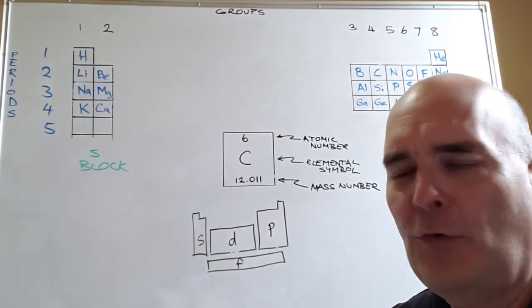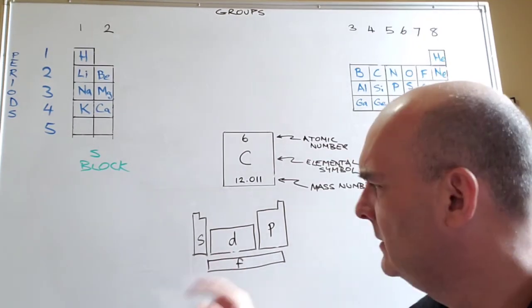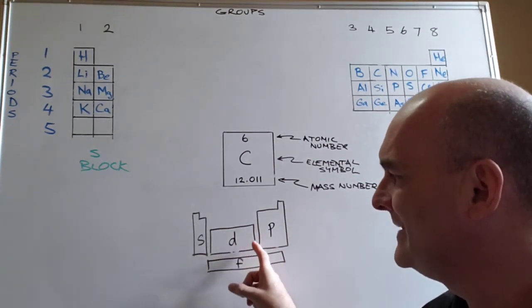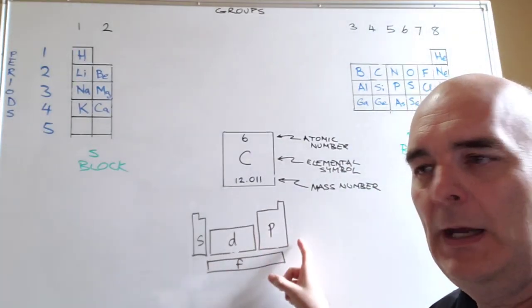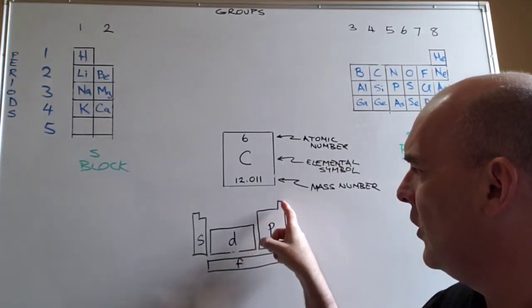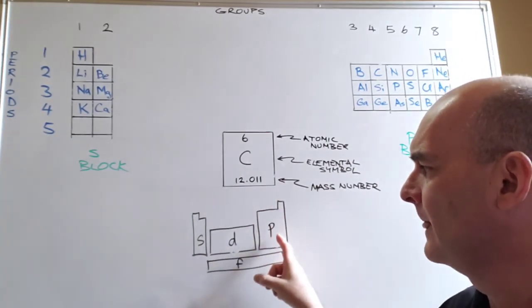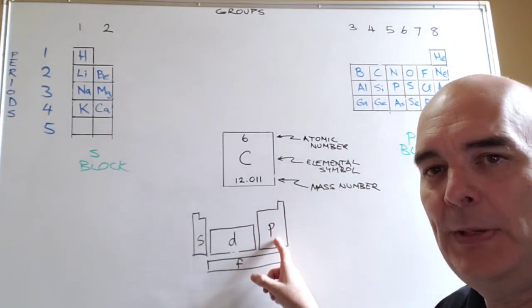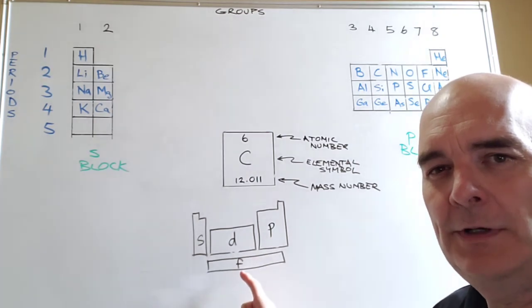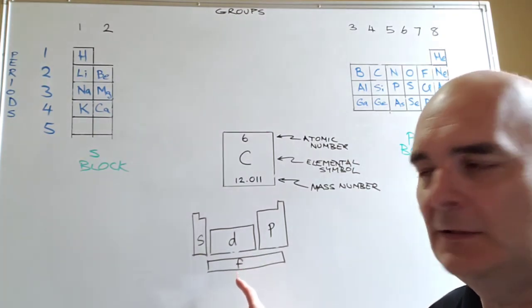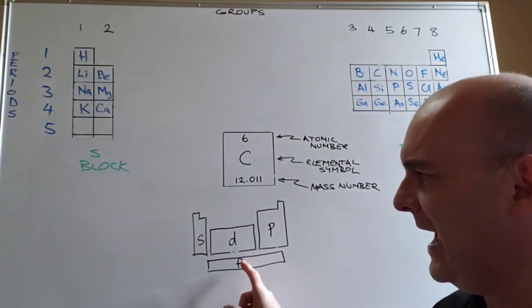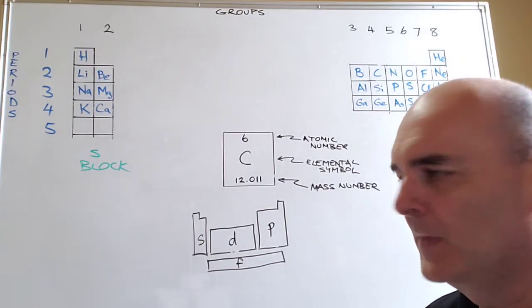They contain things like chromium and nickel and iron that are called the D block. And then the non-metals over here on the right-hand part of the periodic table find themselves in the P block. And then there are a bunch of radioactive metals down here in the F block.